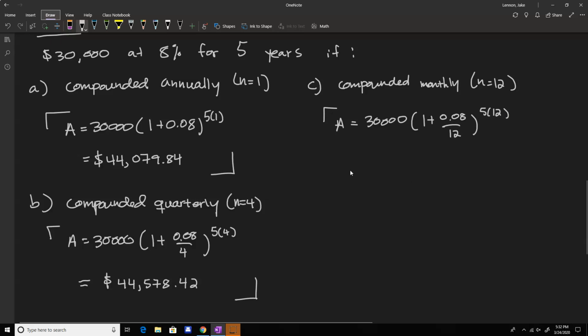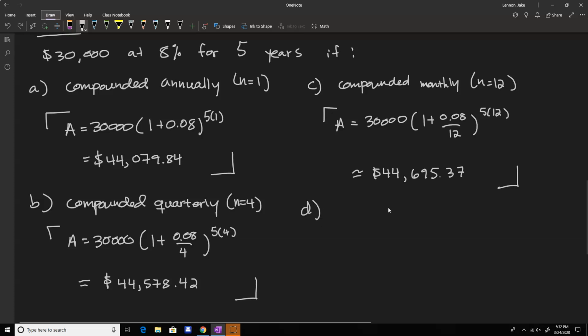Then again, we can punch that into the calculator, and again, we're going to get an even larger quantity, 44,695.37. You can see, even though n went from 4 to 12, we actually ended up with just a little over $100 more, which is less than the jump from part A to part B. So these things do start to level off even as we increase the number of compound periods.